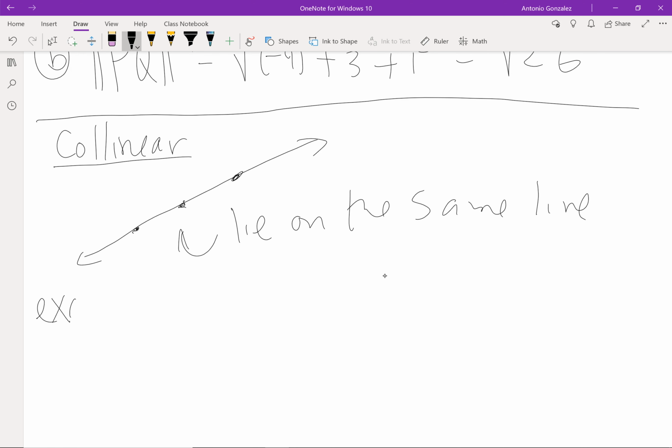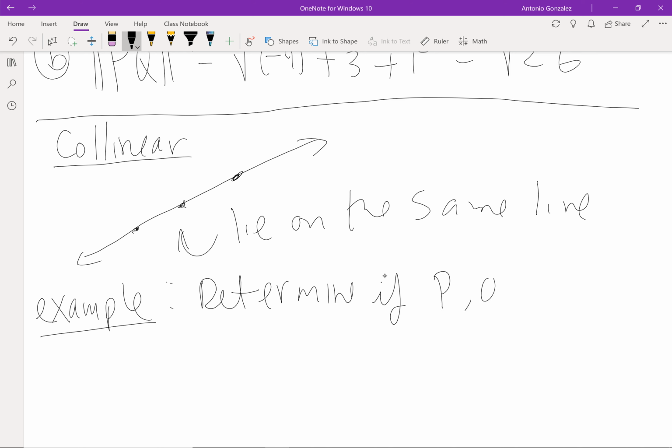So, for example here, and now we're not going to be in a plane, but we have our 3-dimensional space. Example: determine if P, Q, R are collinear.